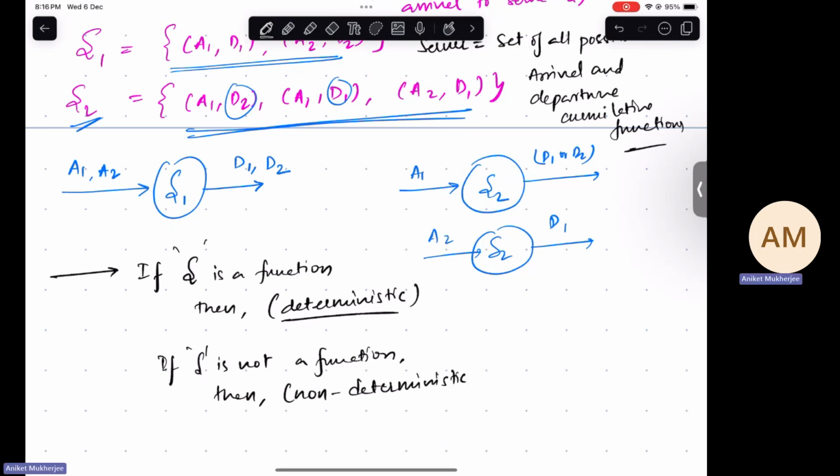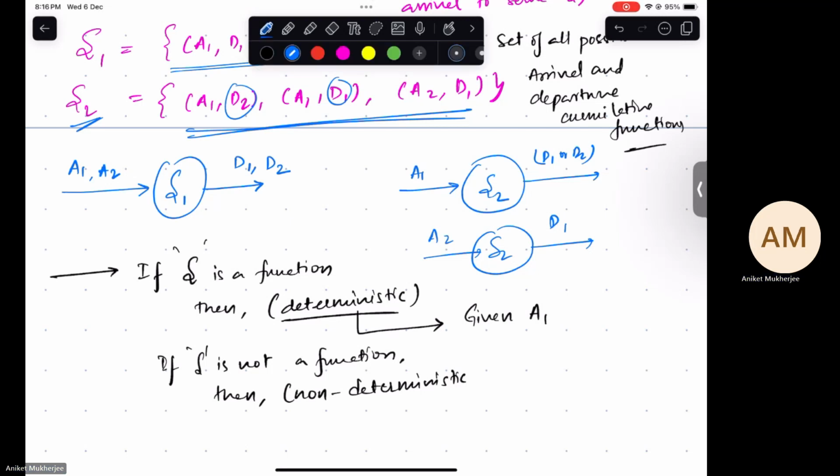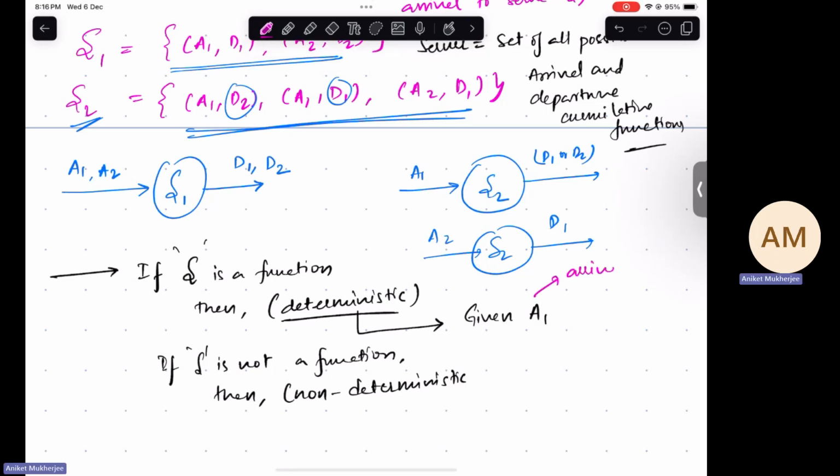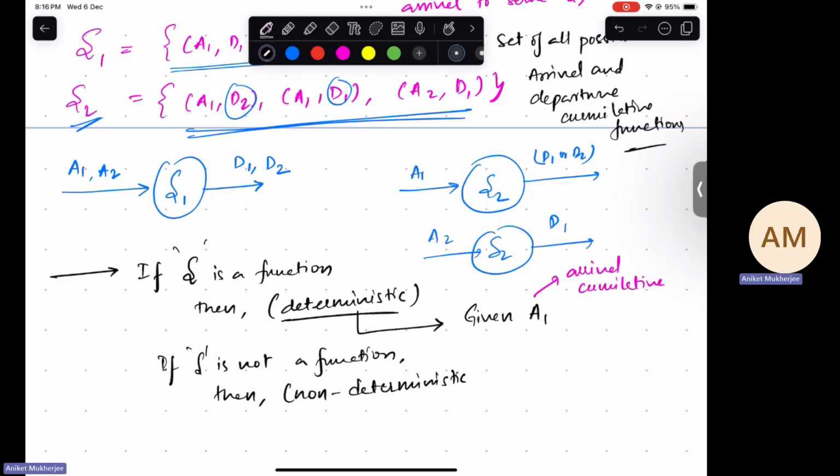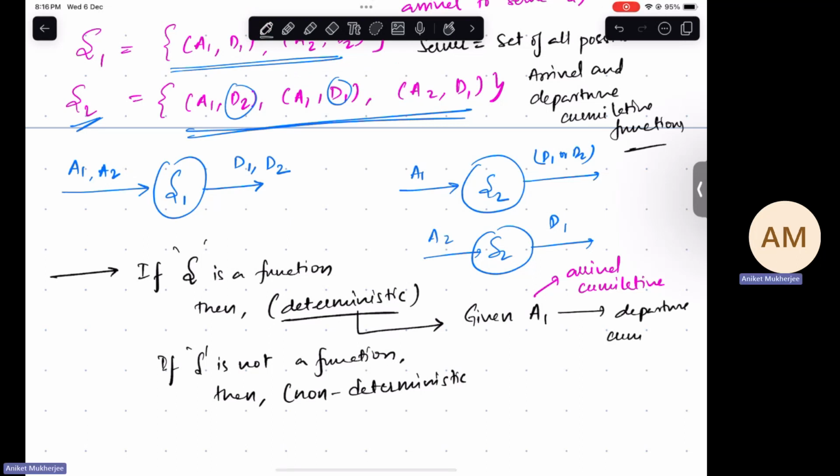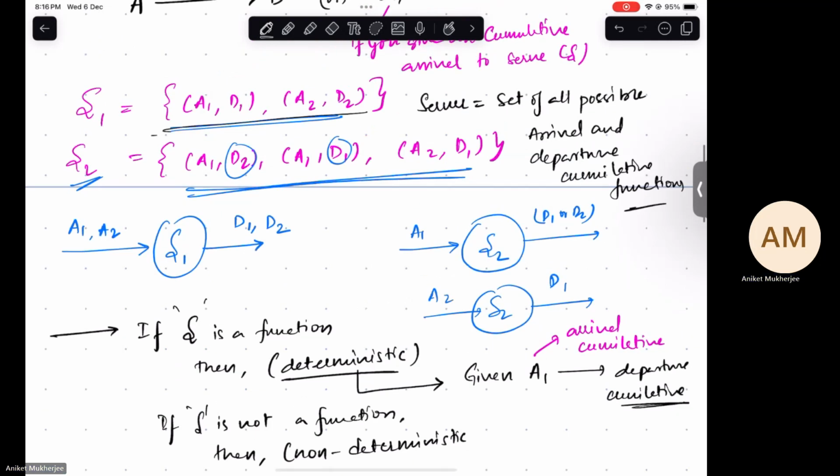When I say deterministic, I mean that given an arrival cumulative, we can find the departure cumulative. The departure cumulative is known, it is fixed; there is only a unique departure cumulative that you get when you give A1. So for example, S1 is a function, so this is a deterministic server.